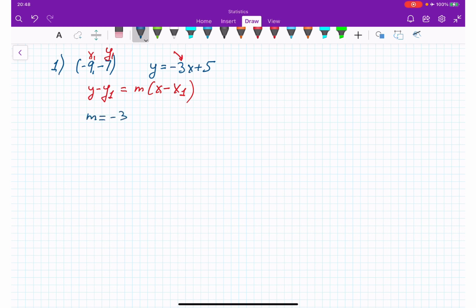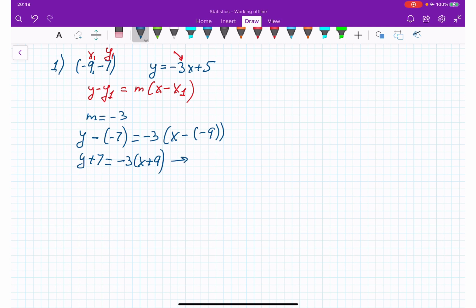So at this point I can plug in y minus my y1, which is -7, equal to m, which is -3, and then x minus x1, which is -9. All right, so we are going to get y plus 7 is equal to -3 times (x plus 9). Now this is our point slope form.